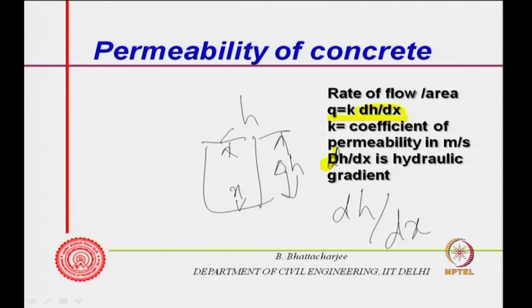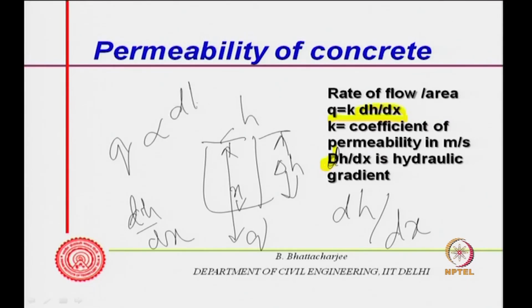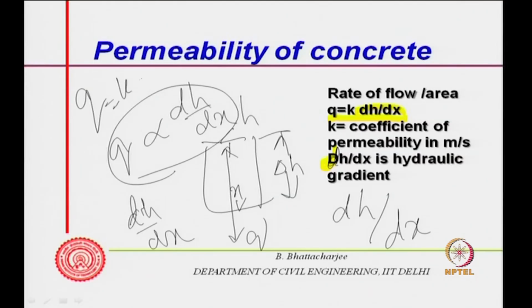So, if it is saturated and this dH/dx is constant, the flow q through this is proportional to dH/dx, like any other flow, heat flow and similar equations. This is Darcy's equation, q equals k dH/dx, and k is the coefficient of permeability. Permeability is defined as that property which basically governs flow.